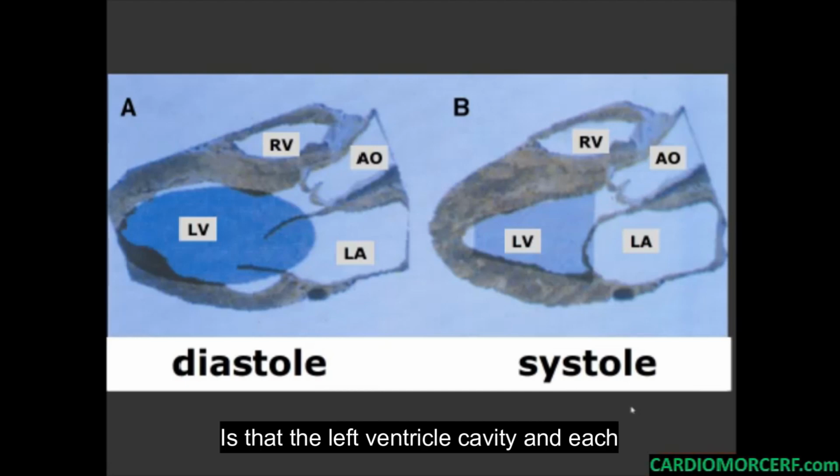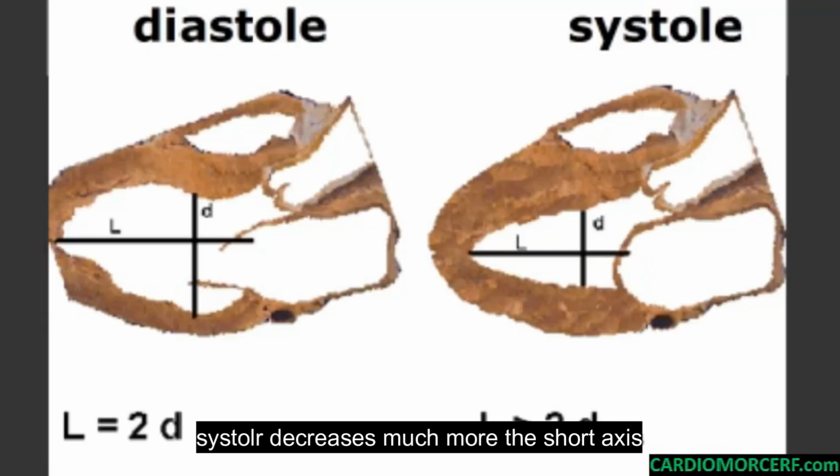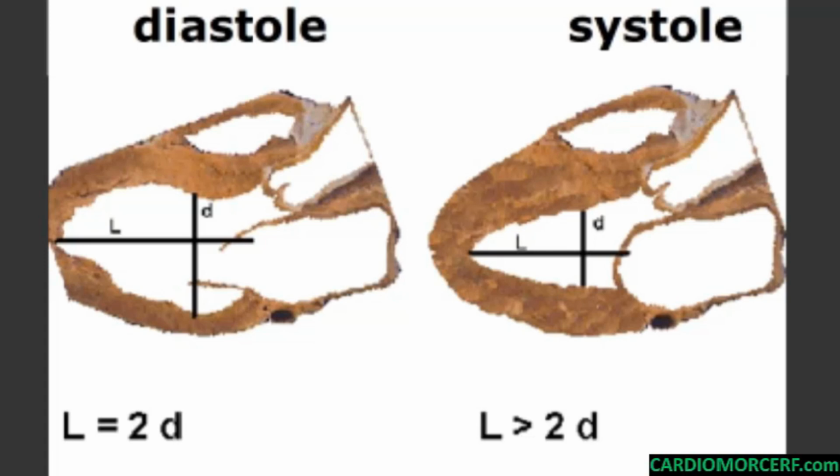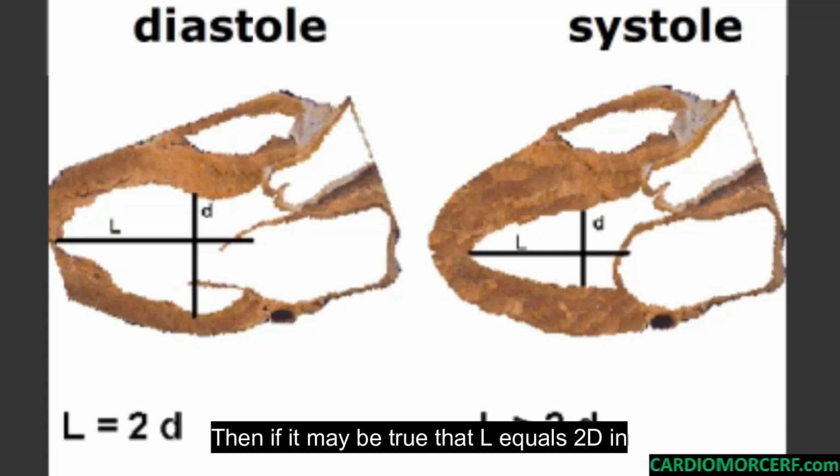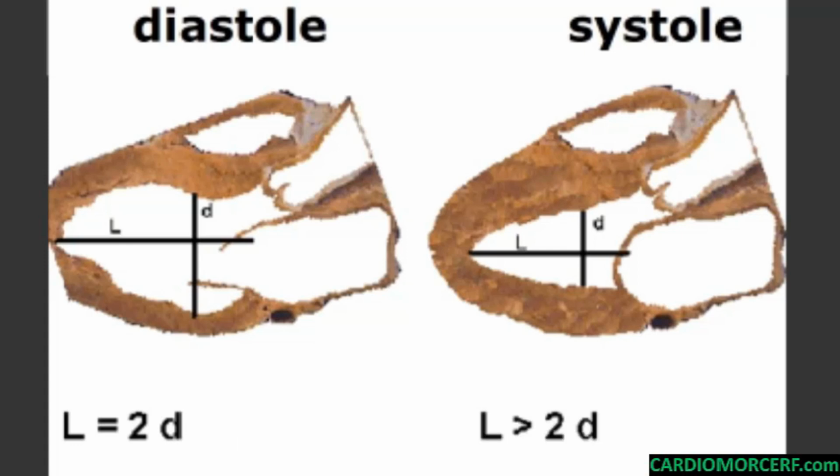Another problem is that the left ventricle cavity at each systole decreases much more the short axis than the long axis. Then, even if it may be true that L equals 2D in diastole, it is not true in systole. And one should not use the same equation for volumetric assumptions for both situations.